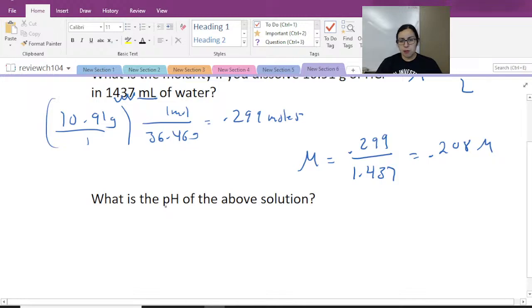So what was the formula for pH? Do people remember? So negative log of our hydronium concentration. And so what do we need to plug in then from this number? What is this equal to?